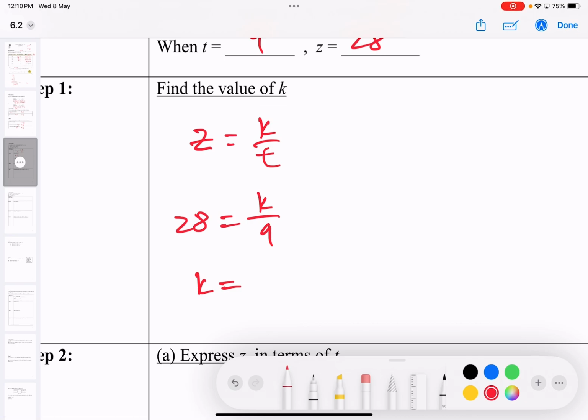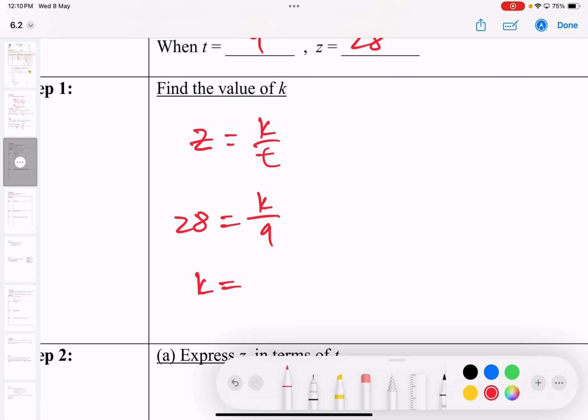For the rest of you, can you think about this? If I want to calculate the value of K, how? Here is 28 equals K over 9. I give you a clue. Remember we don't like fractions, right? This is K divided by 9.